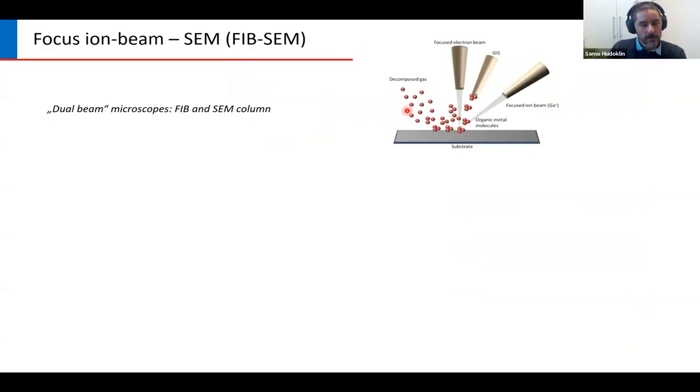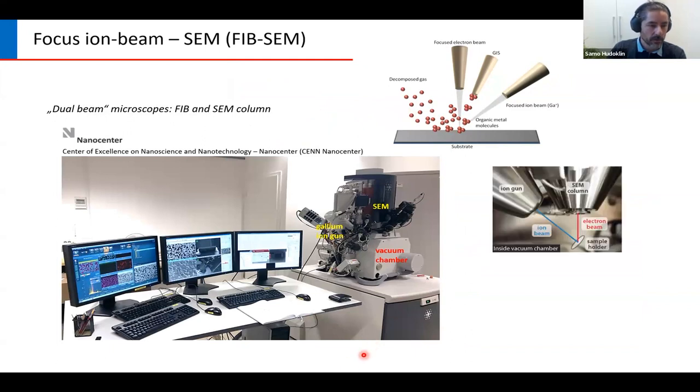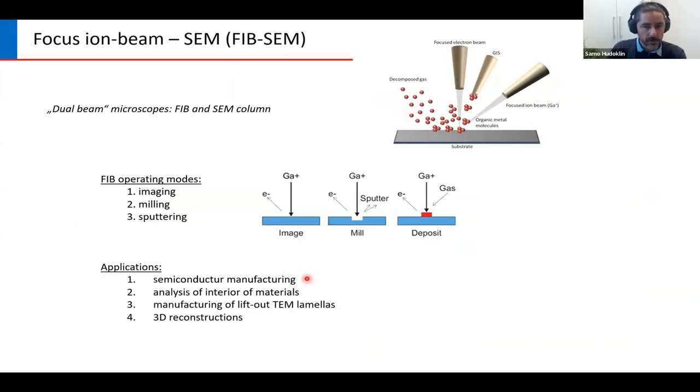So the third method of volume EM that we used is focused ion beam. Probably you have mostly heard about this method. It's very much gaining a place in the life sciences also, but it all began with material sciences, because semiconductor manufacturing can benefit from milling some parts of the material or depositing materials on any surfaces.